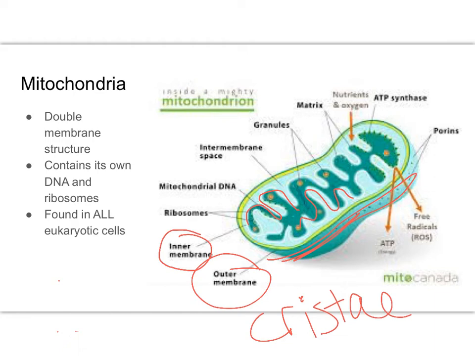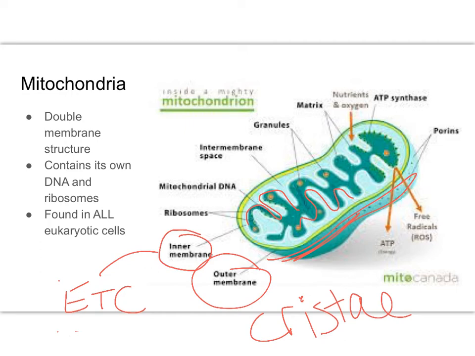On that inner membrane is where you're going to find those electron transport chains, and those electron transport chains are what are actually synthesizing the ATP. So if I have more folds, more surface area, I can have more electron transport chains. Therefore, I can do more energy conversions and make more ATP. So, structure helping with the function again.